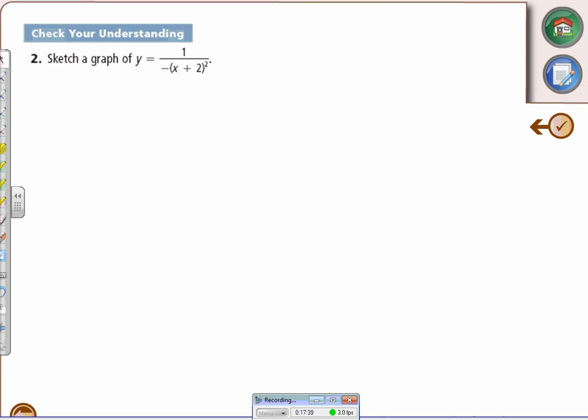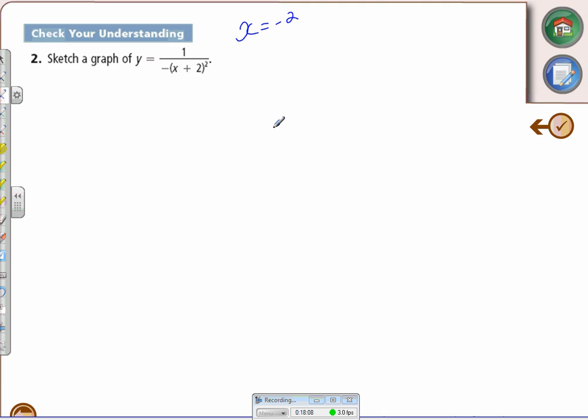Okay, so this next one, we look at it, we know that there's one NPV, so there's going to be one asymptote. The asymptote is going to be at the NPV of x equals -2, because that's the 0 of the original function.